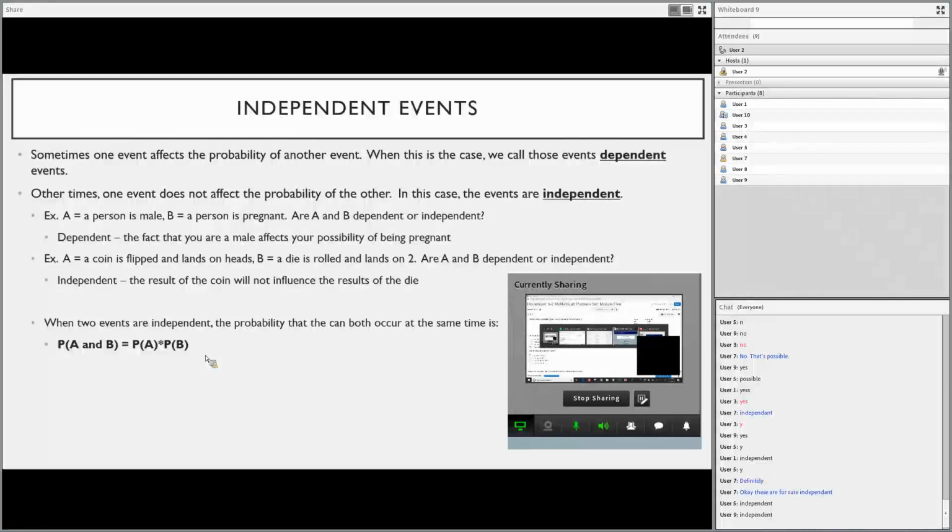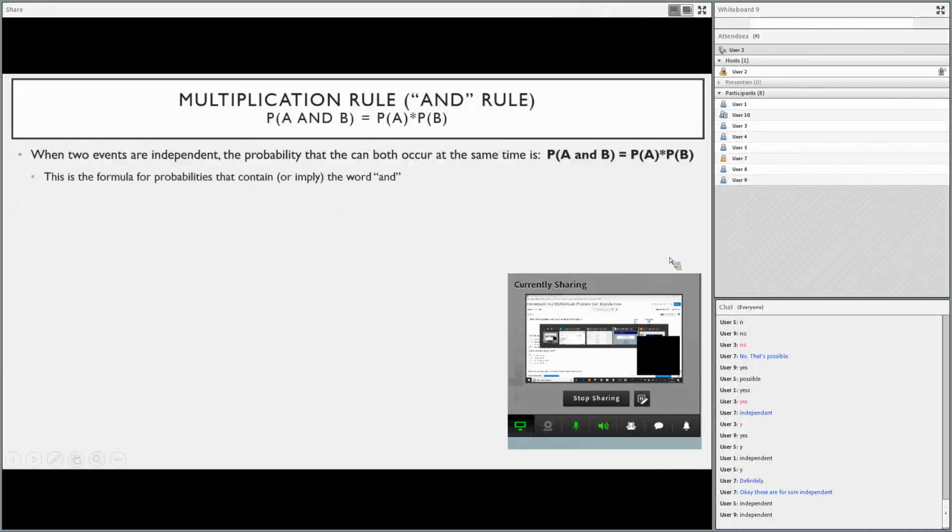Next week, we will talk about a slightly different formula that we use when the events are dependent. But this week we're only really worried about this formula for independent events. So one more time, if two events are independent, then the probability that they occur at the same time is probability of A and B equals probability of A times probability of B.